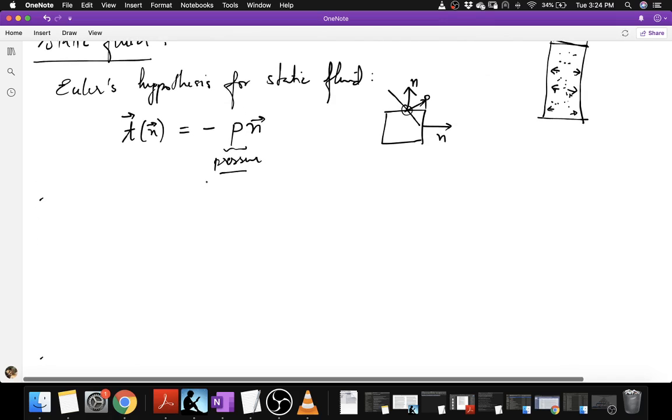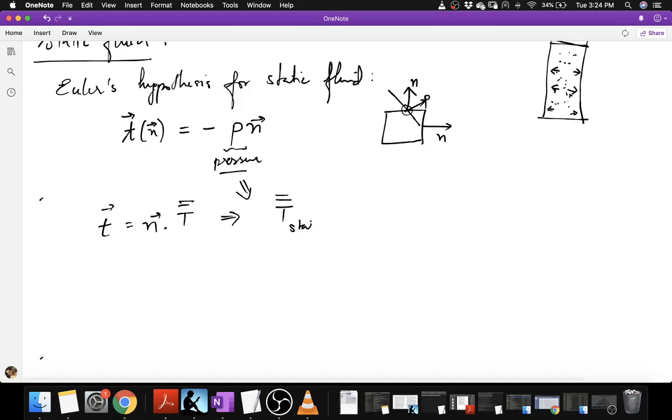So for the stress vector to have this form, remember the stress vector is n dot T. So t is n dot capital T. The two of these imply together that the stress tensor for a static fluid should be minus the pressure times the identity tensor, which basically means that you have a diagonal tensor, minus P along the diagonal, zeros everywhere else.